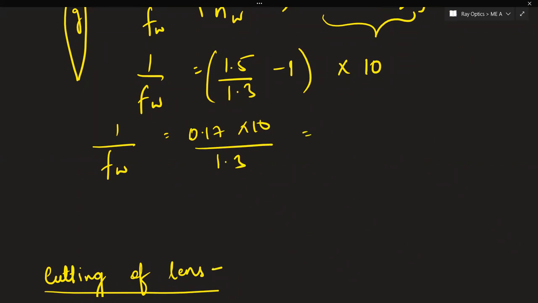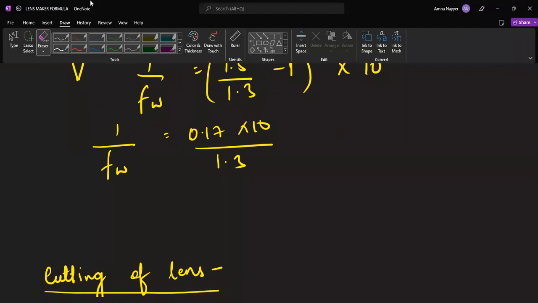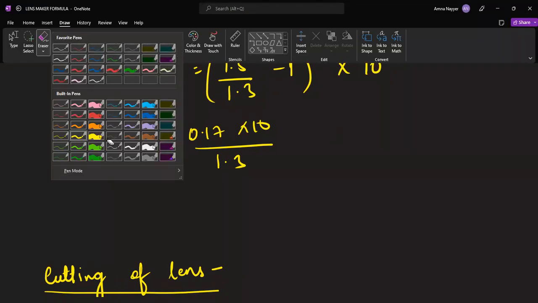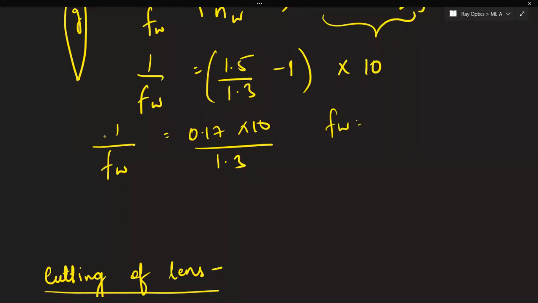So that becomes 170 by 133, right? Let me take the reciprocal directly. So focal length in water will be 130 divided by 170. So 13 by 17, this will be around 0.